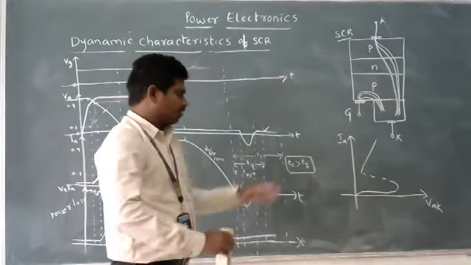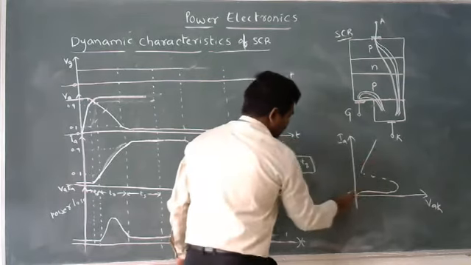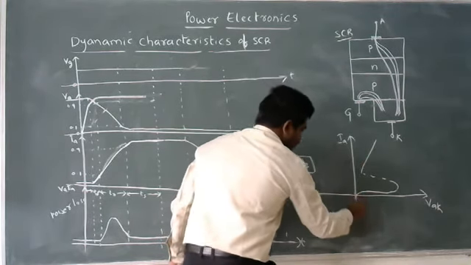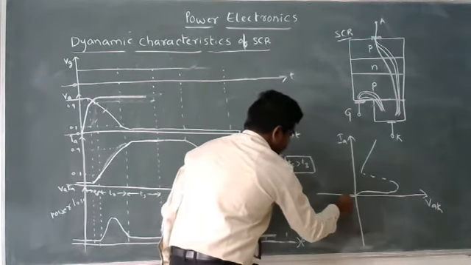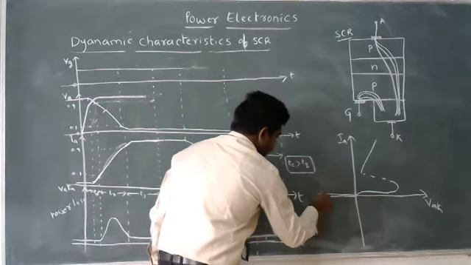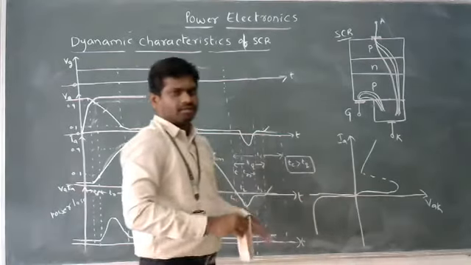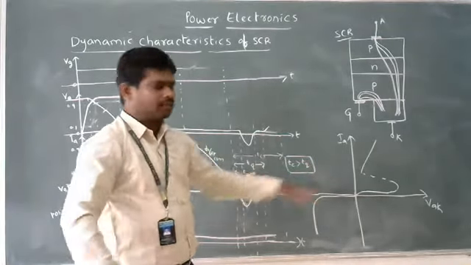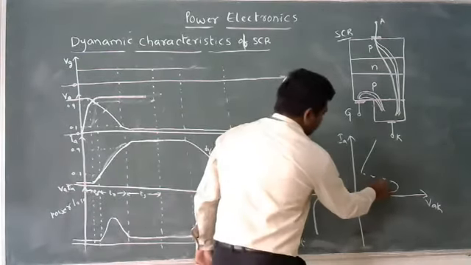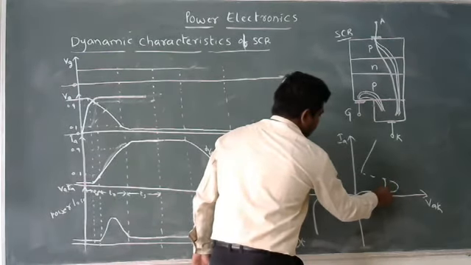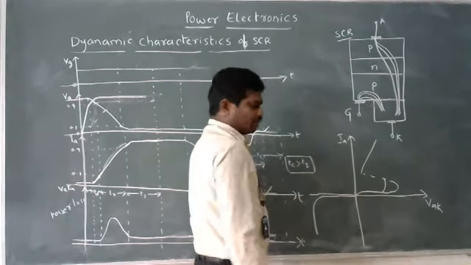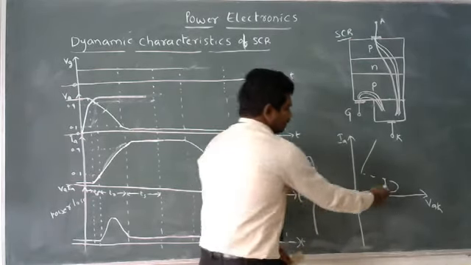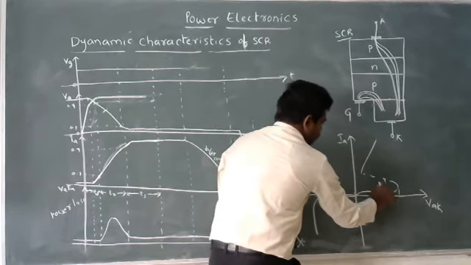Like this we have the characteristics in the forward bias condition, and in the reverse bias condition we have the characteristics like this. For understanding purposes I am giving it here. Whenever we apply gate voltage, we get conduction earlier than these voltage values.